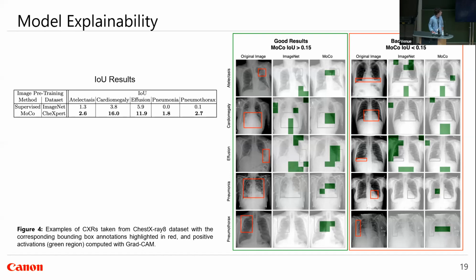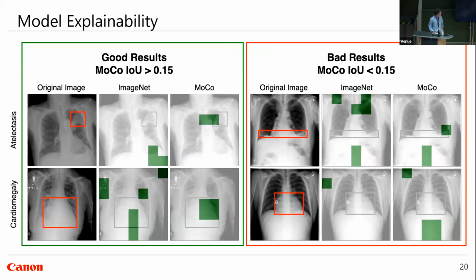And we can see on the figure on the right that the positive activation maps are highlighted in green. With MoCo pre-training, the model seems to localize the pathologies in the image better, while with ImageNet, the activation map seems more sparse. And we can have a closer look at two examples.